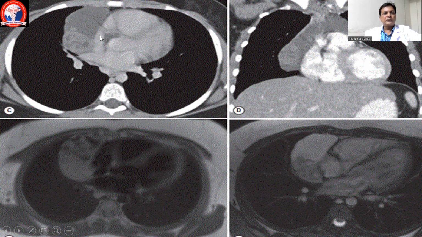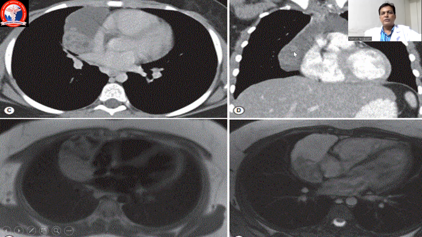This is the lesion which we are seeing on the radiograph. The lesion is mainly cystic, and the lower part is a solid mass. So it's anterior to the heart on the right side.